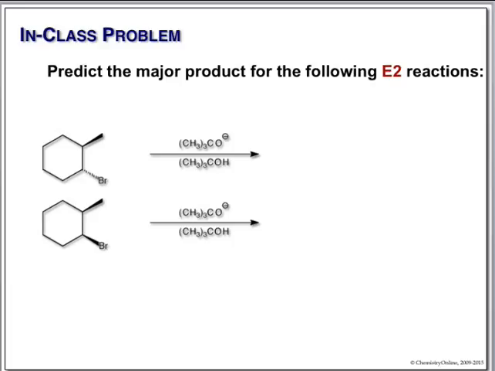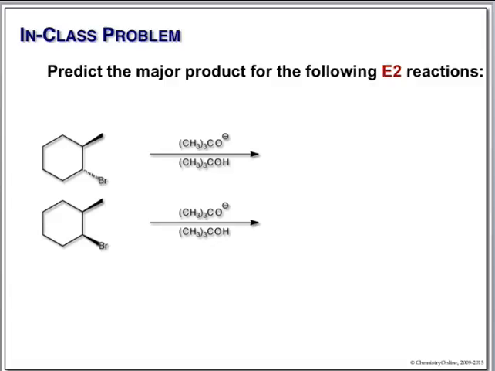Two more simple eliminations. Once again, we have a bromine here. This bromine, what is trans to this bromine? Well, the methyl group up here, so the hydrogen is cis.